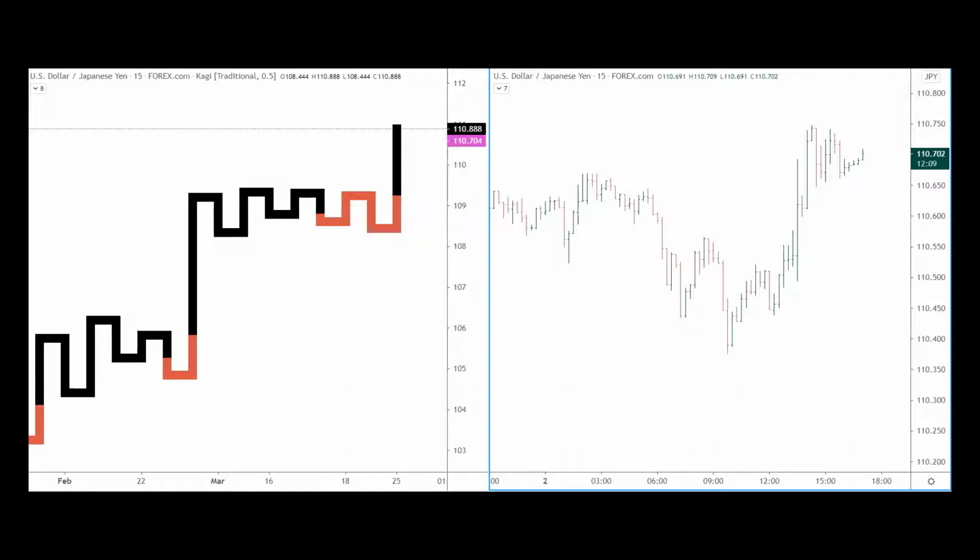On the right hand side we've got a bar chart, on the left a Kagi chart. Now on the right hand side is a 15-minute chart over the last trading day, in this instance the 2nd of April, and on the left the Kagi chart is set to 15 minutes time frame, but we've left the block size at that 0.5 size.